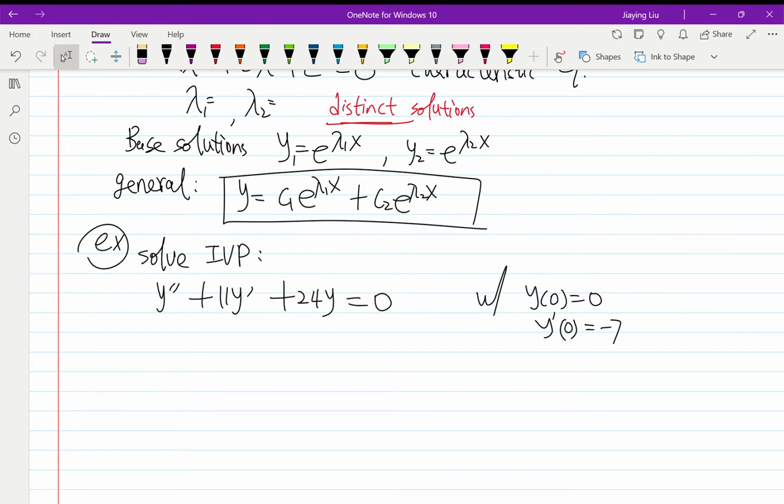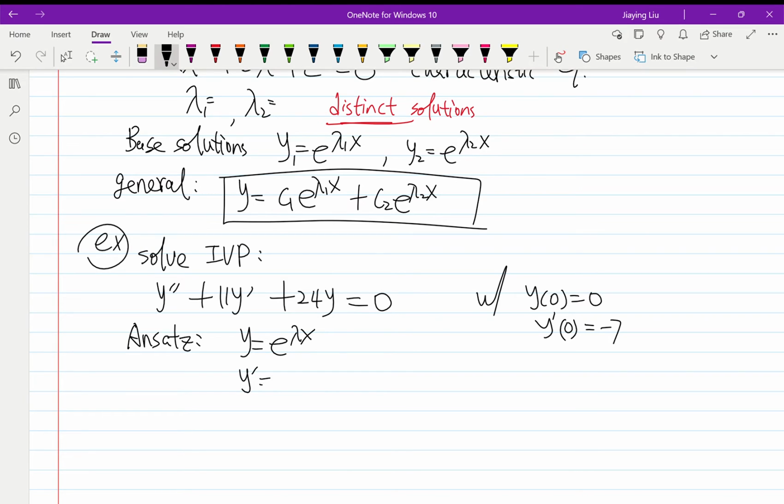That's the process in many differential equation examples. So here the ansatz is y equals e to the lambda x. For a different type of equation, we're going to use a different ansatz, but for now, just remember this.